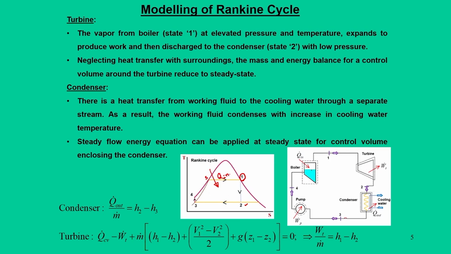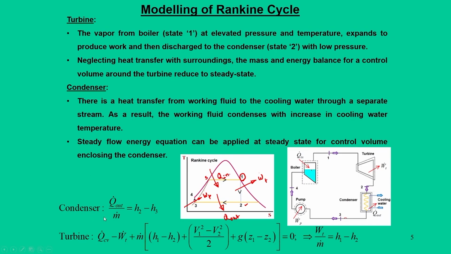So, the heat addition process comes from 4, 5 and 1, the heat rejection process happens in the condenser, that is Q out, your turbine work comes as W T in the state 1 to 2, and pump work, which is the input required, is W dot P. If we want to make steady state energy balance equations component wise, then we can write these expressions.